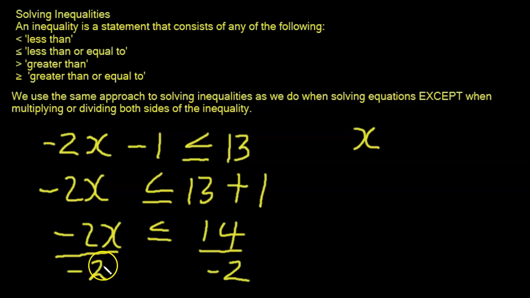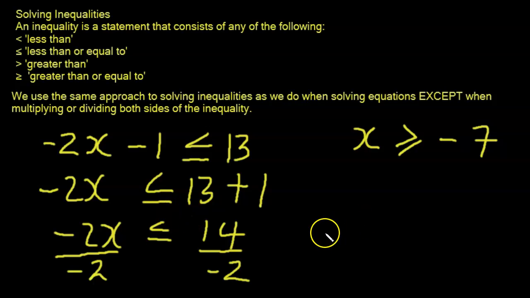So positive 1x. Anything divided by itself is 1. But careful now, remember what we just discussed? Once you're dividing both sides of the inequality by a negative number, then the inequality has to change direction for your solution to make sense. So our solution is x is greater than or equal to negative 7.